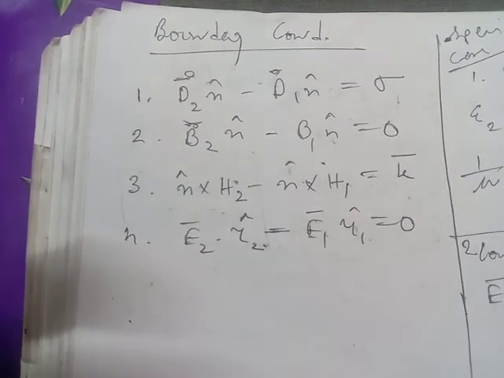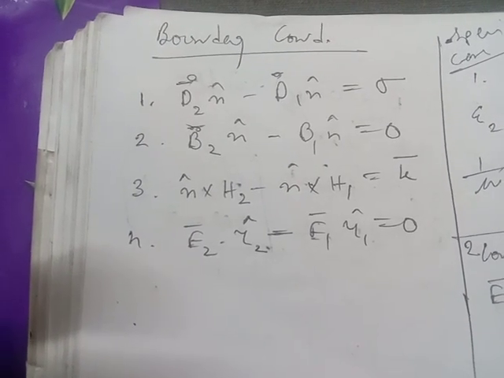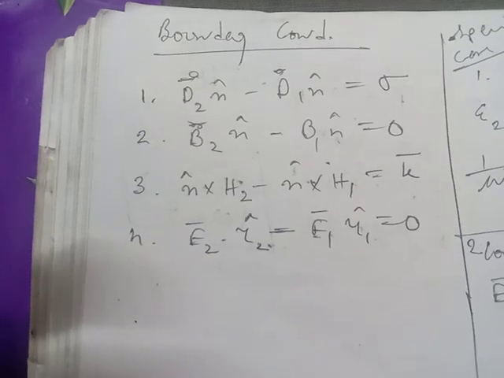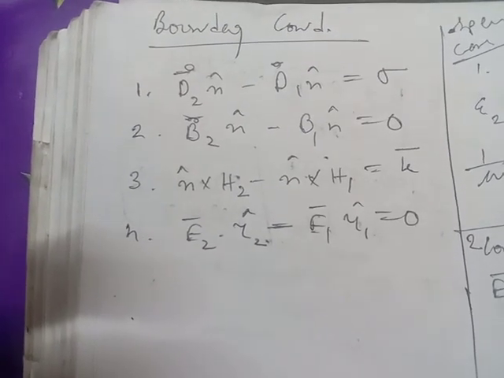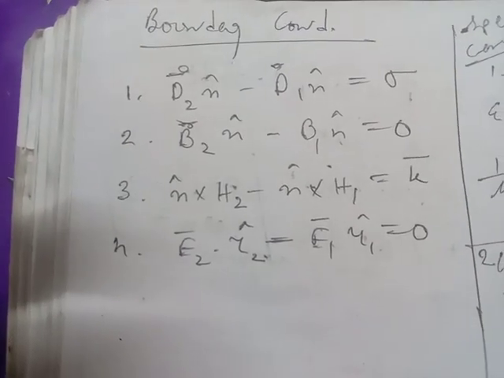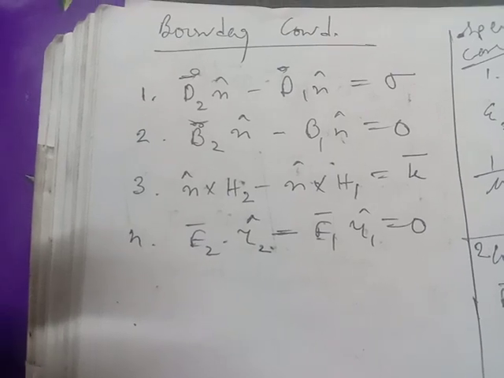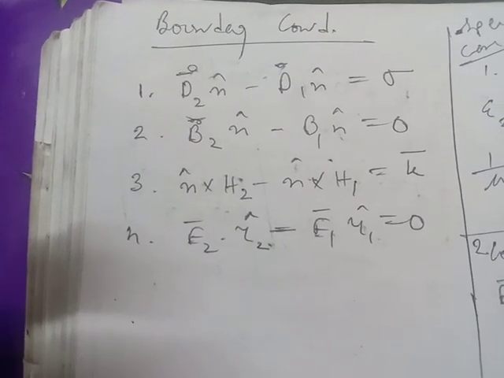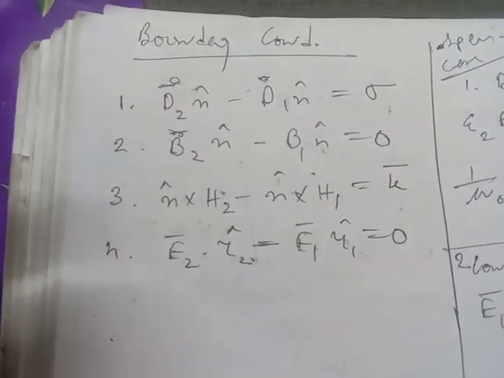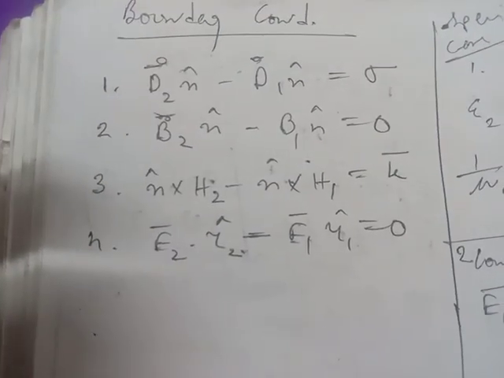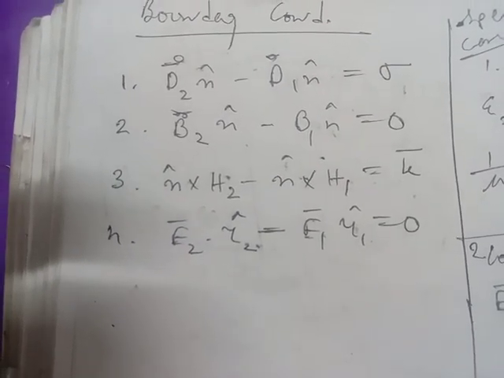This happens because if you imagine that at the surface the electric field lines are perpendicular, of course the normal component is going to be the perpendicular component, and that will depend on the charges present on the surface. In the case of the tangential component, which is E2 dot t2 minus E1 dot t1, where t means the tangential unit vector, we see that the difference is zero.